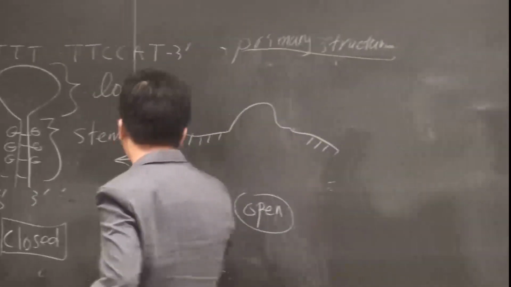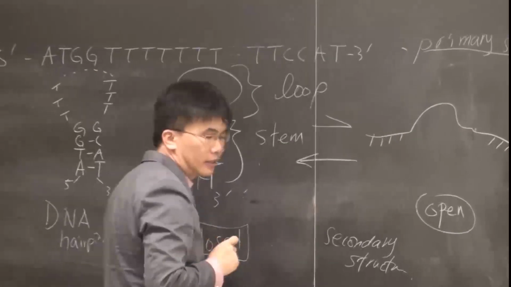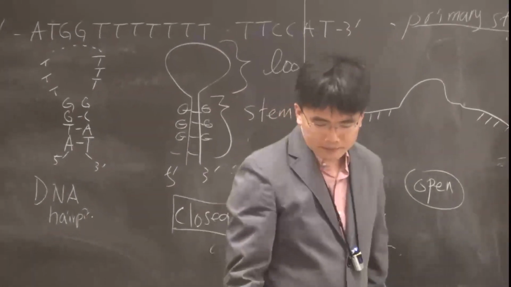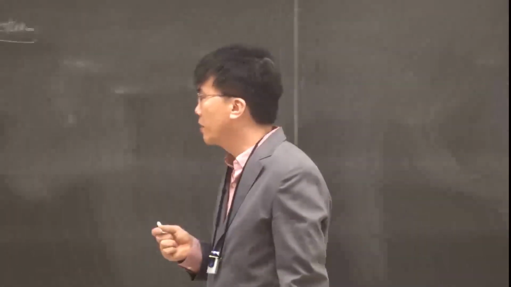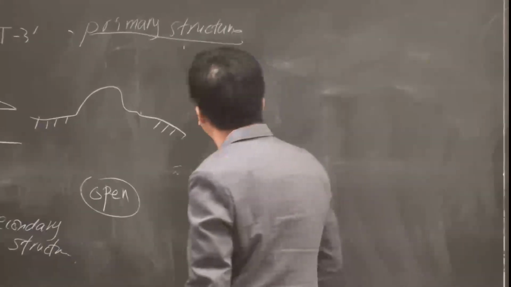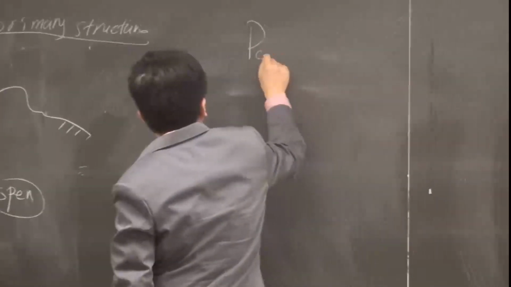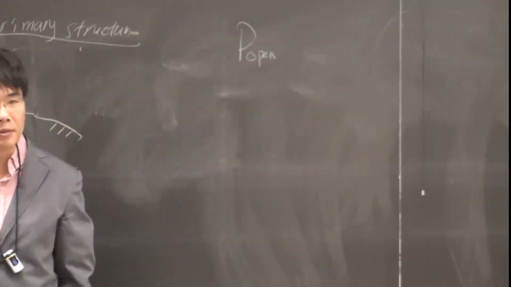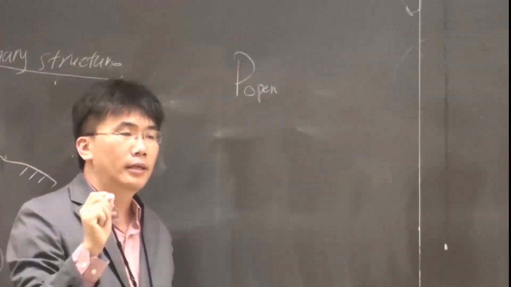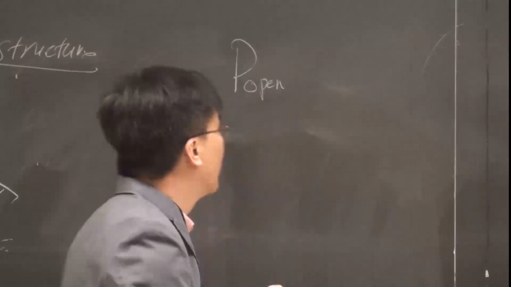So when you have closed and open, such a two-state system, you can write down the coupled differential equations to describe the kinetics. So you define P open as the probability that you find the molecule in the open state.